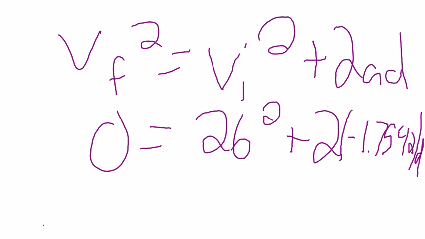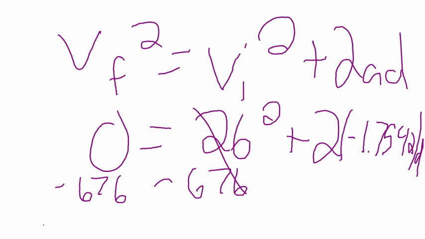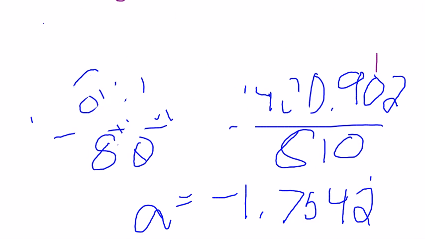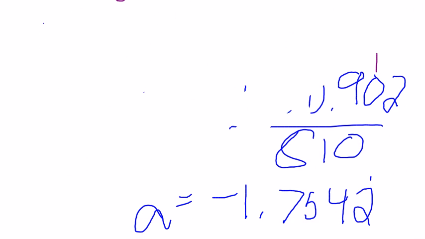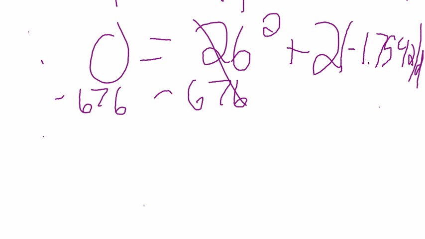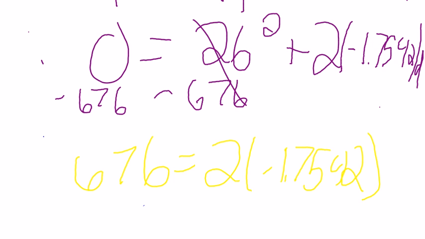And that will be 676. So subtract 676 from both sides. Up here, we got negative 676 equals negative 1.7542 d.